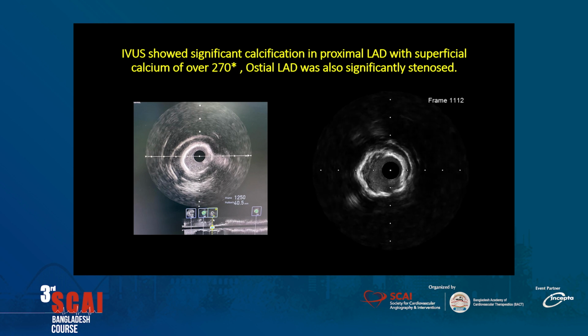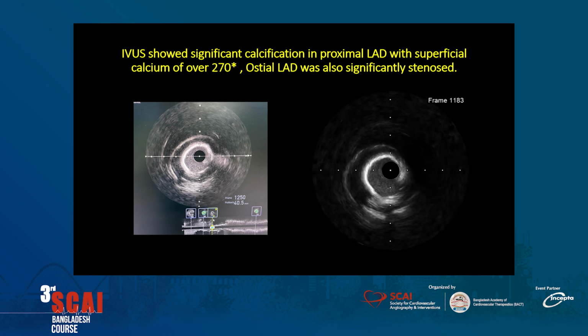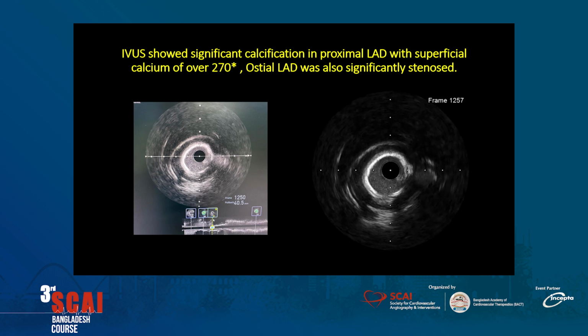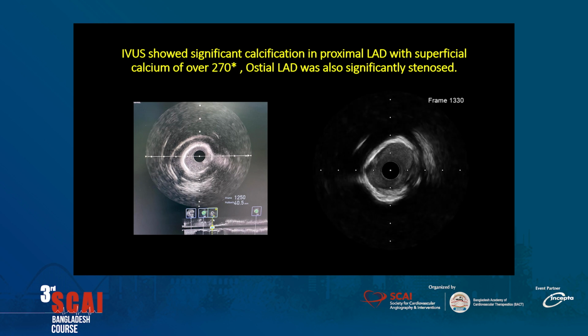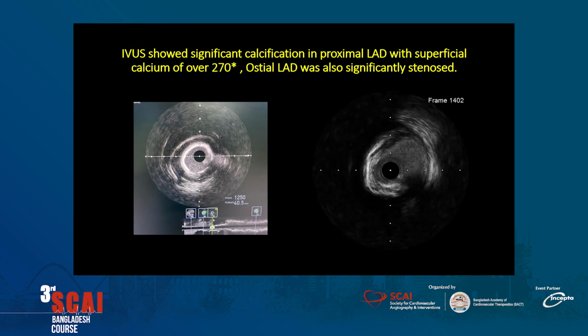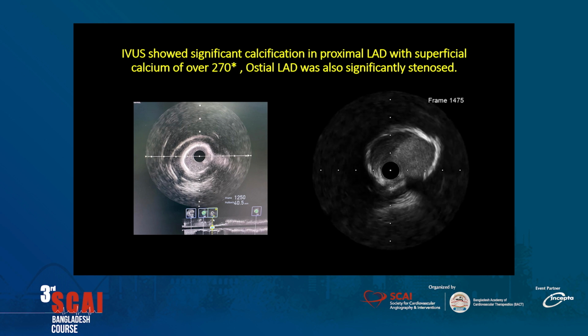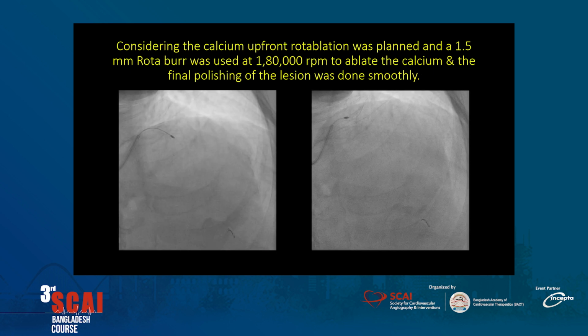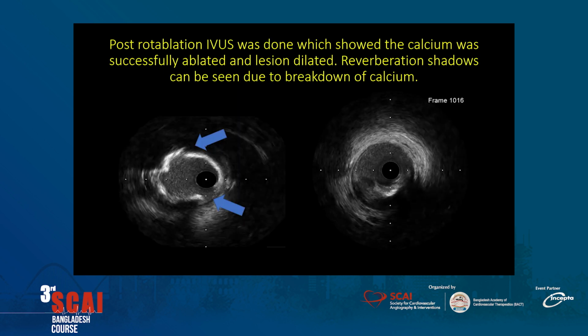When I did IVUS, I saw there is a calcium arc of more than 270 degrees, more than 5 millimeters in length. Seeing this picture by IVUS helped me take the decision for upfront rotablation with 180,000 RPM. If I had not used IVUS, I would have tried with balloon and then cutting balloon, etc. This reduces my procedure time and also my complications.